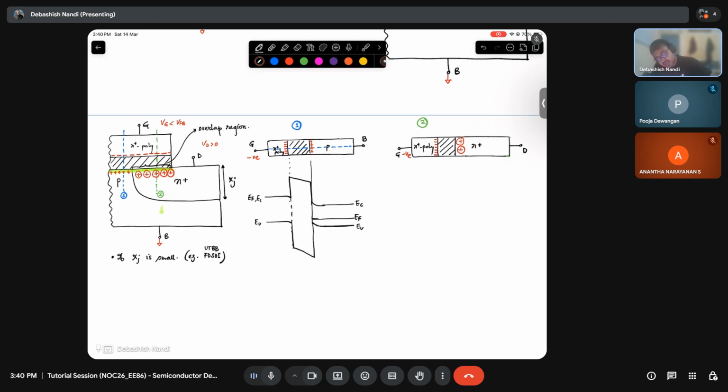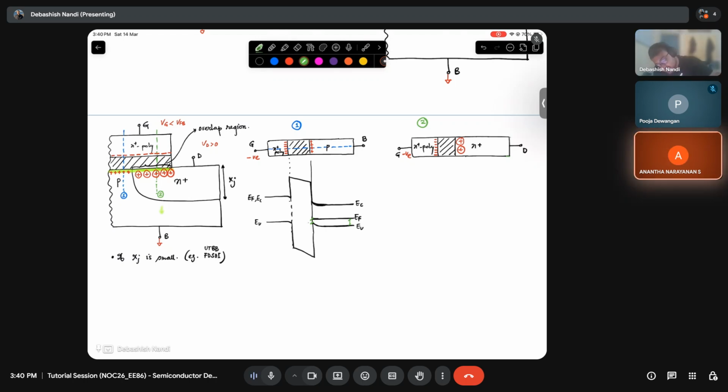So what is the state of the surface from the band diagram? Note the gap here. Which one is lower, at the surface or at the bulk? Sir, the surface.